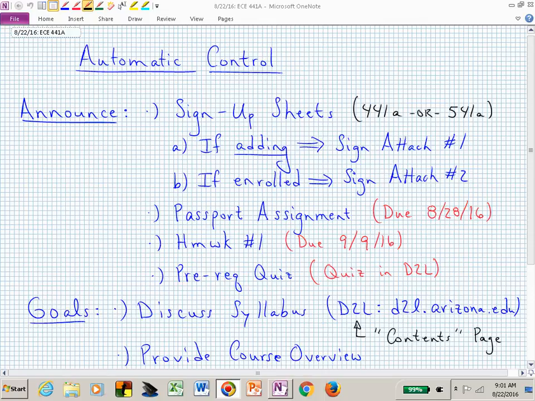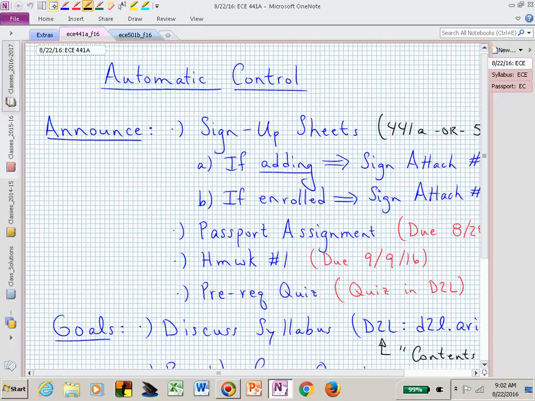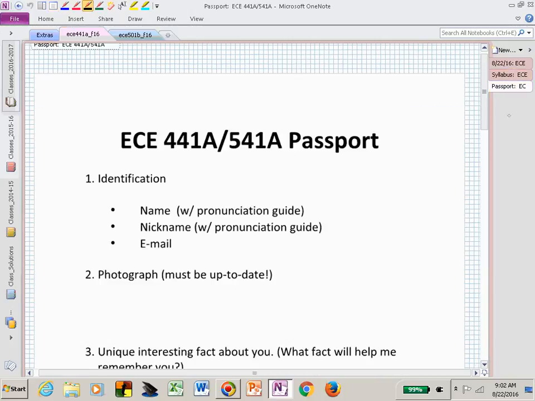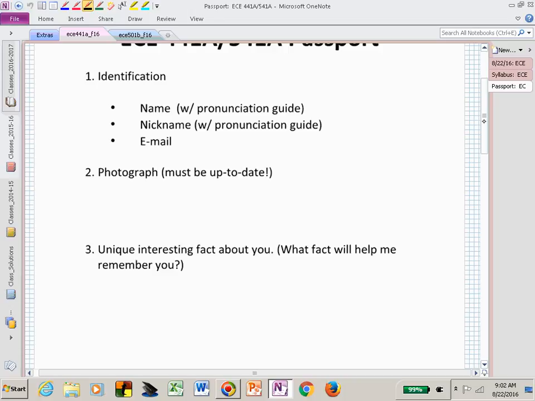And on that particular assignment, tell me how you want to be referred to, that's what I mean by the nickname, and a way to pronounce your name. Go ahead and give me your official name so that I can keep track of who's who, and your email address, a picture, and something that's unique about you.